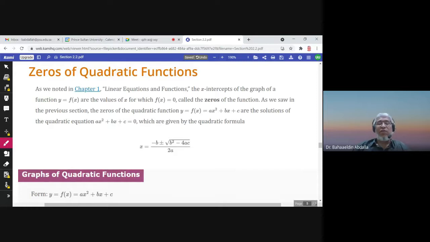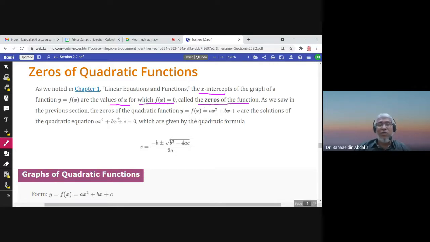Zeros of quadratic functions. Well, how to find the zero? You put y equal to 0. So here, the value of x is called a zero of the function. But to find the x-intercept, we also put y = 0. So we mentioned before that the zeros are the x-intercepts.